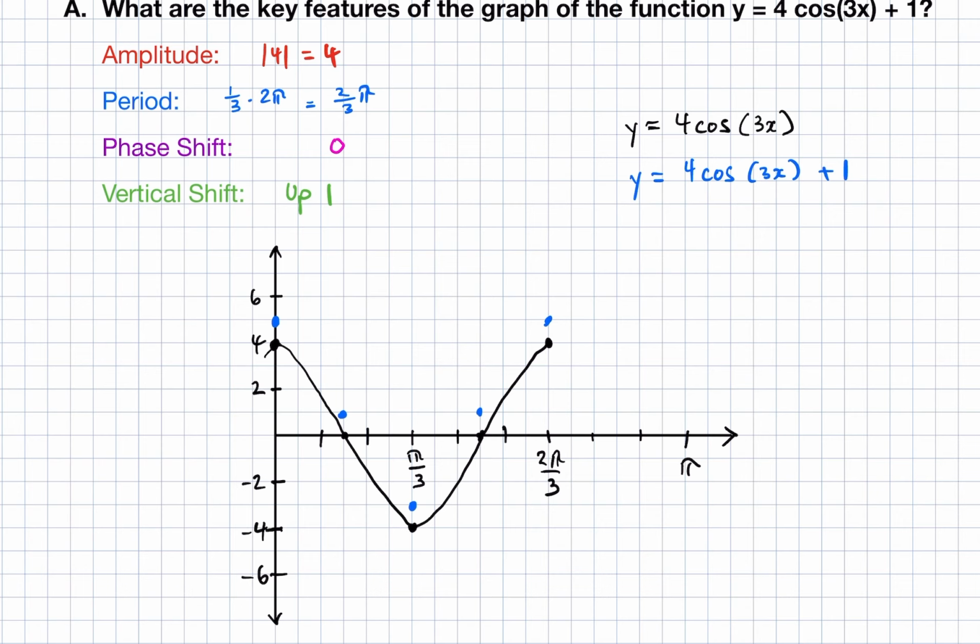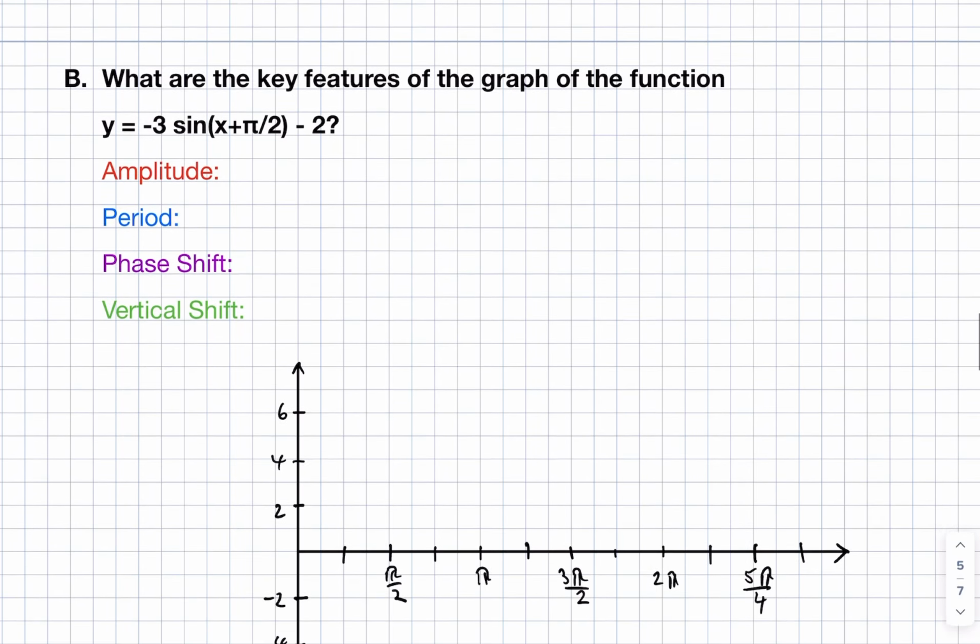And what you'll notice is that the graph looks something like so, okay? So this one in blue is the function y equals 4 cosine 3x plus 1. Okay, so we've taken care of the amplitude, which is 4. We know that our period is 2/3 pi, and then a vertical shift of +1, and no phase shift.